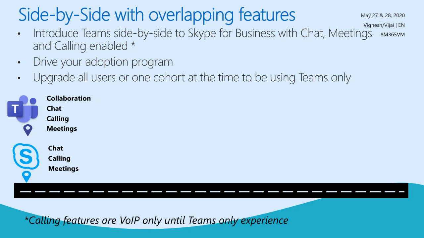Okay, so for this one, adoption is really important because I'm working for one of the customers where we are doing this particular upgrade, and a lot of questions will be raised, like I'm not seeing the presence over here, the presence is different. When I chat from Teams, it is going to Teams only.